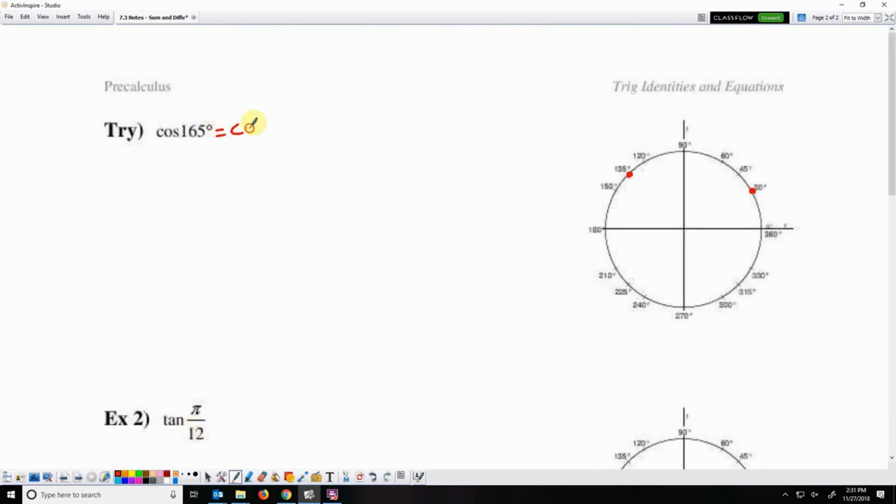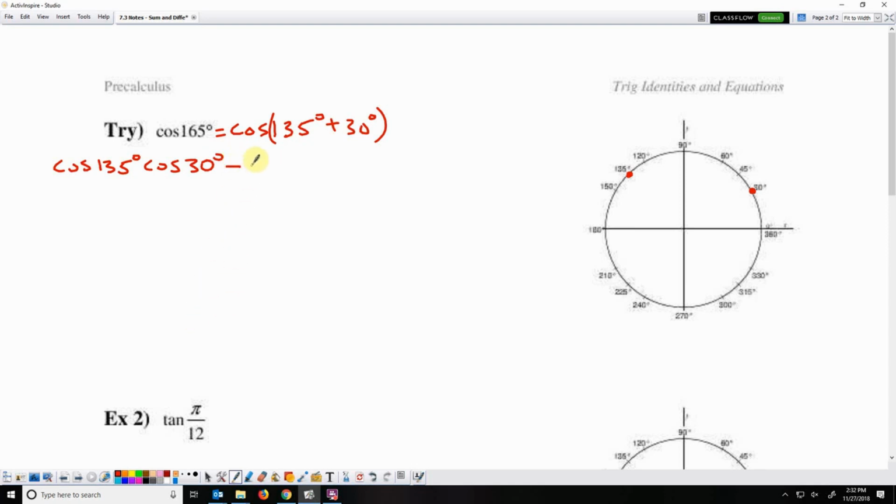So we're doing cosine 135 plus 30 to get our 165. So that's cosine 135 times cosine 30. Minus or plus means use opposite sign. I've got a plus here, so I've got a minus here.